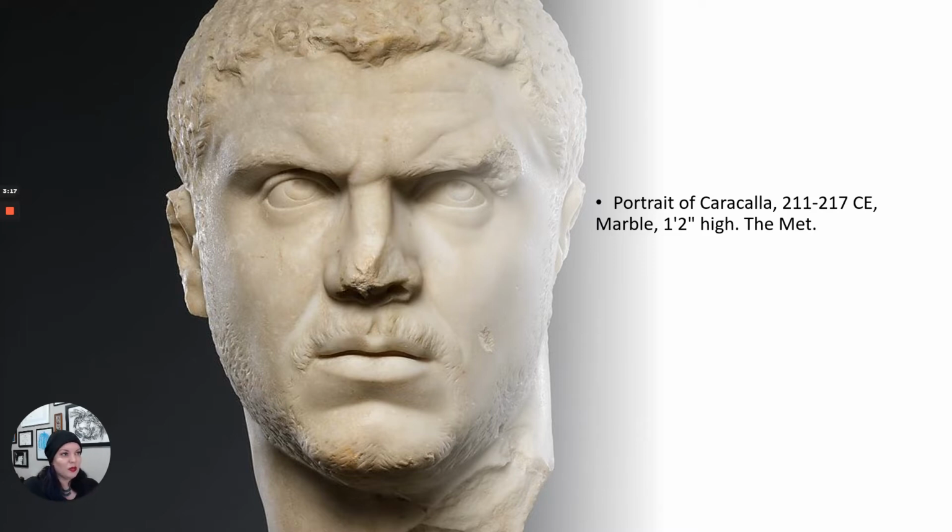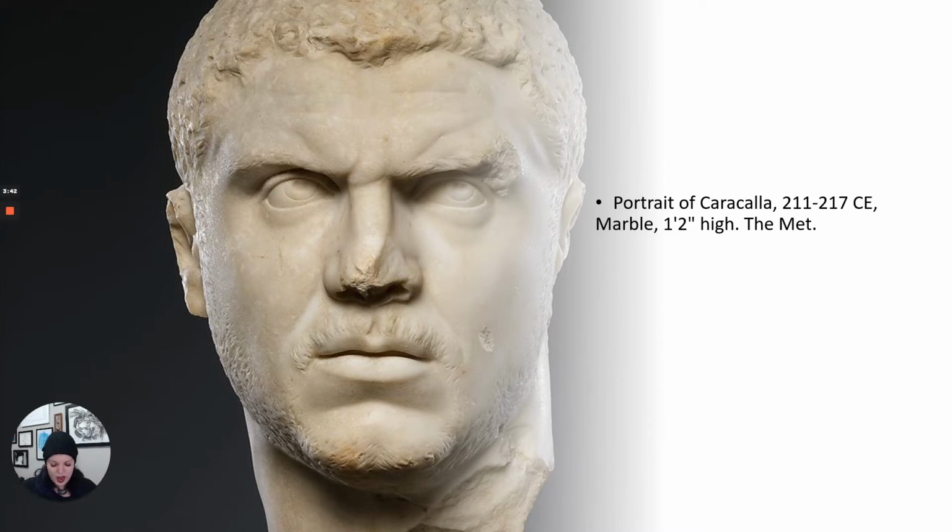And this is fairly realistic. It's not exactly verism. He still looks pretty young, but he looks quite emotional. He has a very furrowed brow. He looks very stern. He has kind of a look of anger. This is fairly typical of how he is portrayed. And the idea is that this is an emotional content for sculpture, but it's meant to make him look kind of fierce, okay?